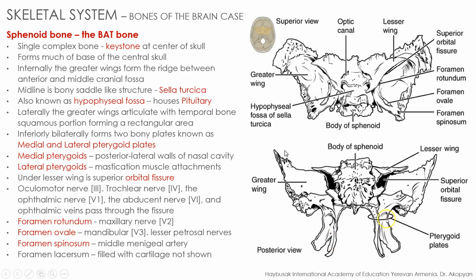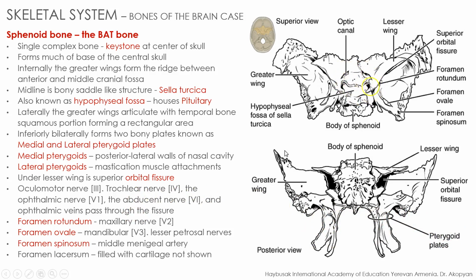Inferiorly and bilaterally are found the pterygoid plates, the medial and lateral pterygoid plates. The medial pterygoid plates serve as the posterior lateral walls of the nasal cavity, and the lateral pterygoids act as muscle attachment points for the pterygoid muscles of mastication.